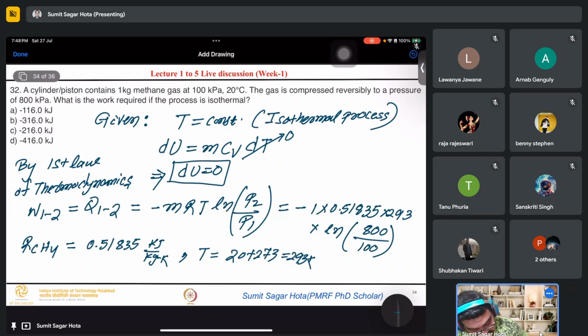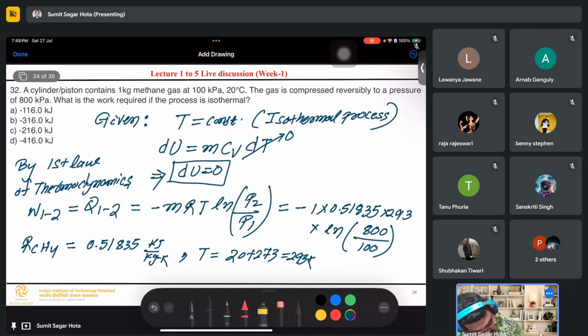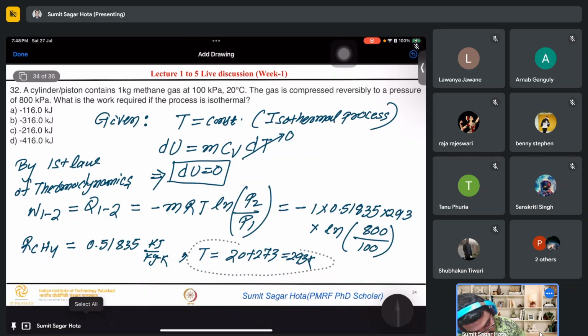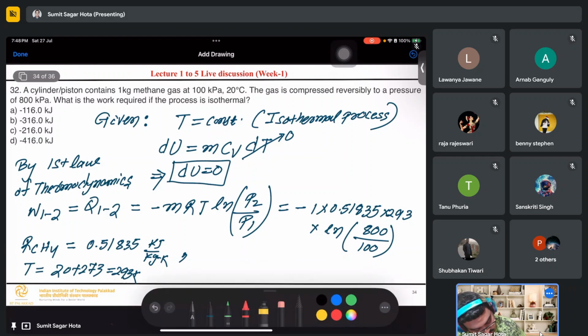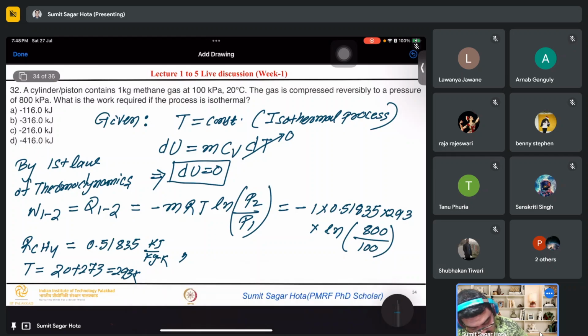So if you solve it, just 1 second. Okay, when you solve it, you will get W from 1 to 2 is equal to minus 316 kilojoule. So this is the answer.